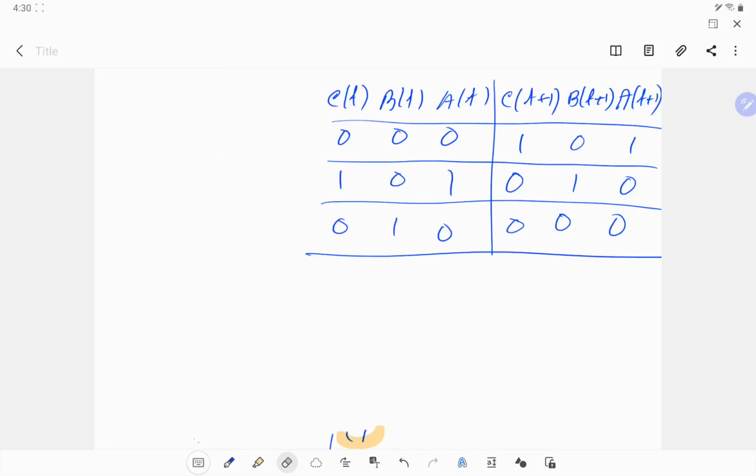Now we want to find the functions by using a K-map, and we need a 3-input K-map. Let's find the function for C t plus 1 first. C t, B t, A t.